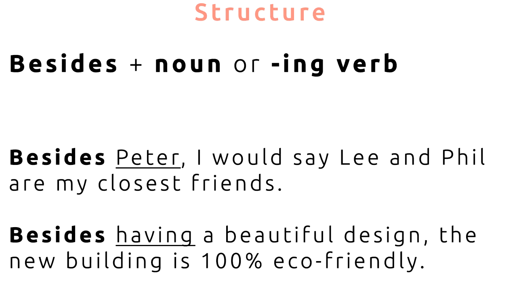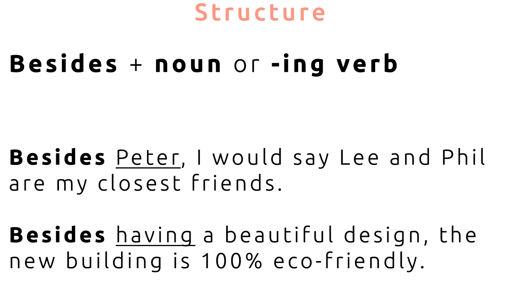And besides is exactly the same. We can use either a noun or an ing verb. For example, besides Peter, I would say Lee and Phil are my closest friends. This person is saying, I know Peter is a very close friend, so including him, Lee and Phil are my close friends.